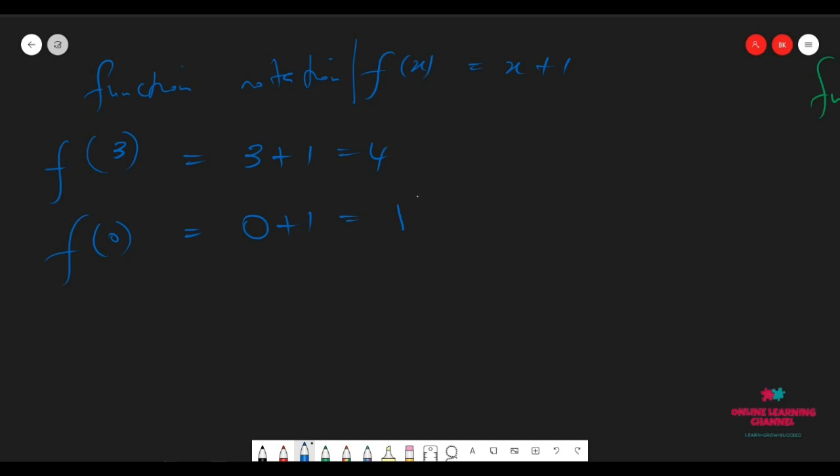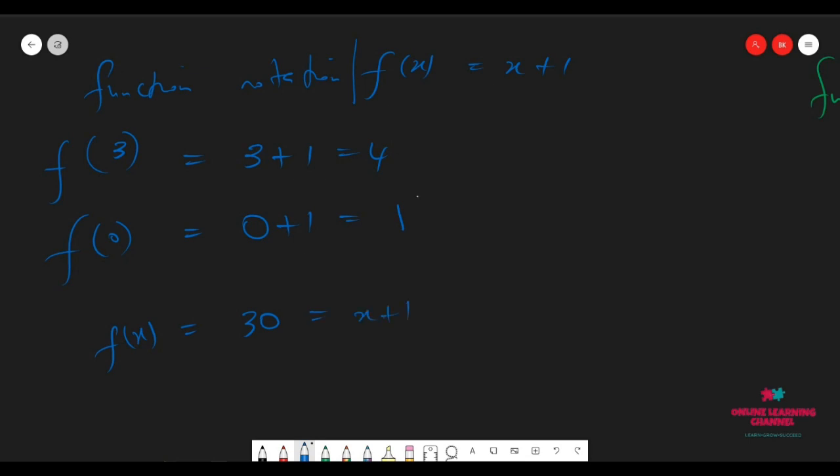Another notation we can look at, it's still under function notation. If we were told that f at x equals 30, then that means the output is 30. We're supposed to find the input. So in this case, this is our function.